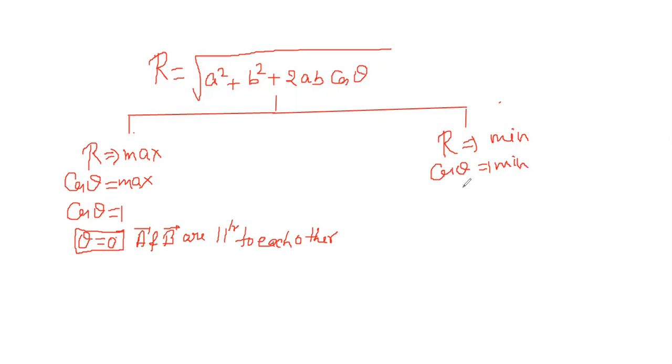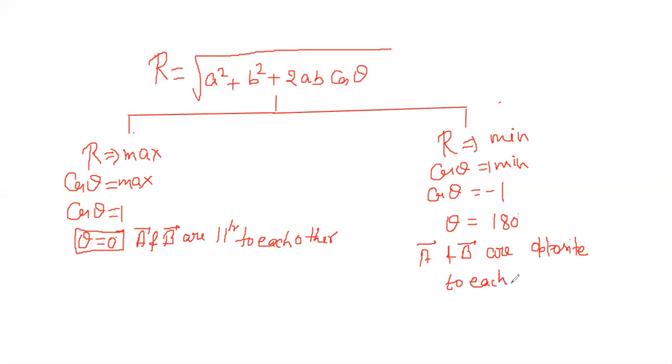What is the minimum value of cos theta? Cos theta equal to minus 1. In this case, theta equal to 180 degree. 180 degree means A and B are opposite to each other. So R maximum and R minimum are clear to all of you.